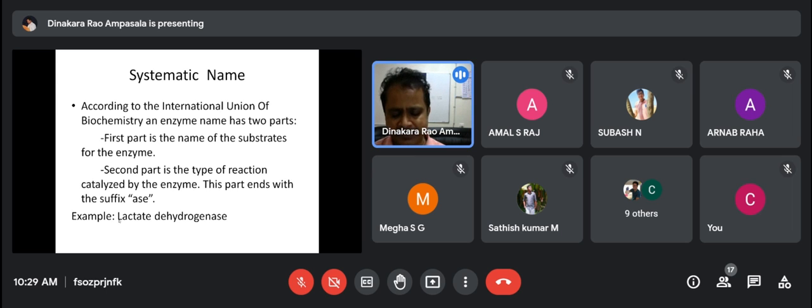In the 1970s, all the enzymatic research groups joined together somewhere in Geneva and discussed enzyme nomenclature. We have to give specific names to enzymes, otherwise we will get confused. For example, one person working in India on an enzyme will claim that he discovered it. The same enzyme was characterized somewhere in the US or South Africa, and they gave their own name.